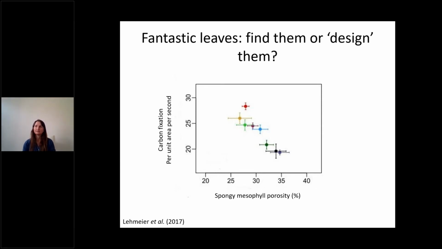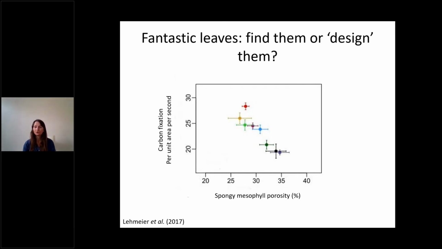So I guess often the way we address these sorts of questions, wanting to know which parameters will make a leaf good, would be to look at variation, relate it to the outcome that we want, and work out for each parameter what we're looking for. But there are some limitations here.